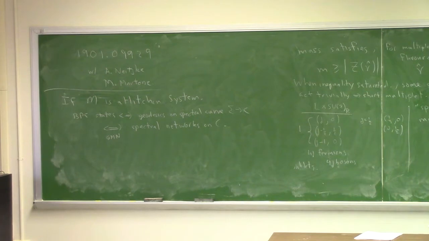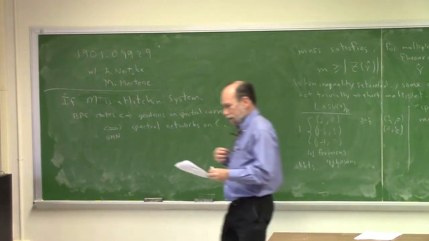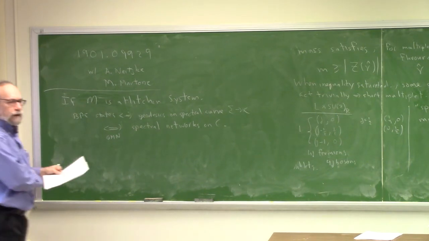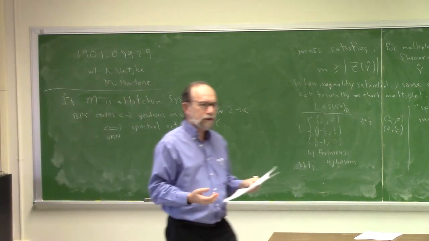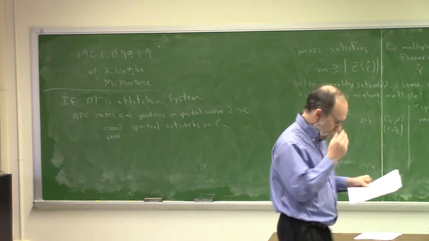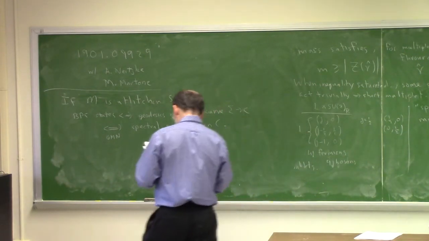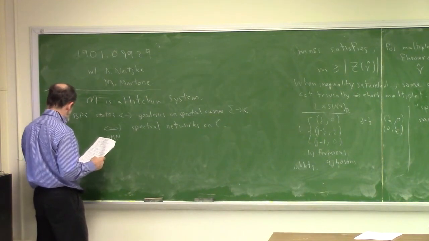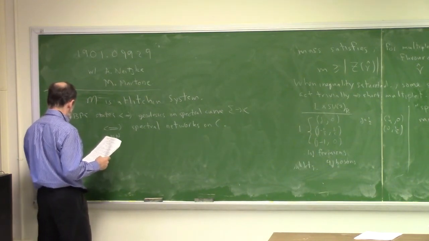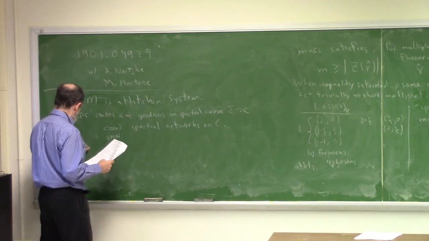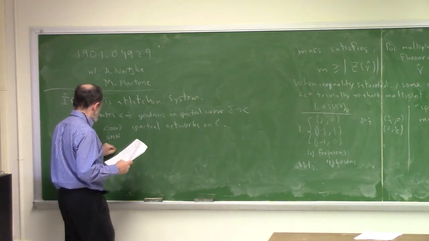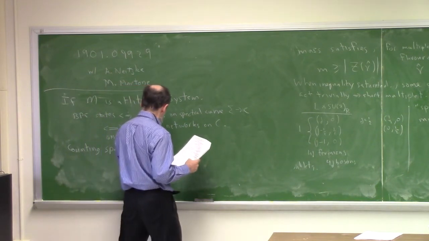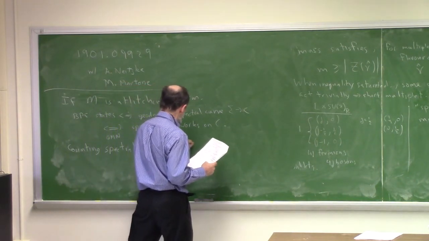But it's extremely hard. Those computations are very involved, involve lots of computer time, and can only be done in the simplest cases. And so what I'm actually going to do is discuss some simple cases, counting spectral networks in part.